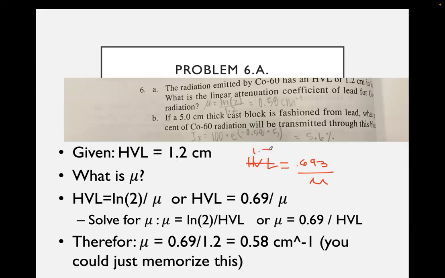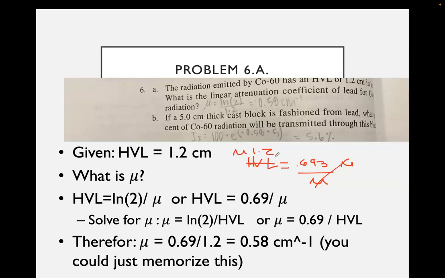Now we have 1.2 equals 0.693 over mu, and then I'll just multiply mu by both sides. Then I have mu times 1.2 equals 0.693. So I'm plugging 0.693 into my calculator, divided by 1.2, and I get 0.58 centimeters. Therefore, that's how many centimeters of lead it would take.